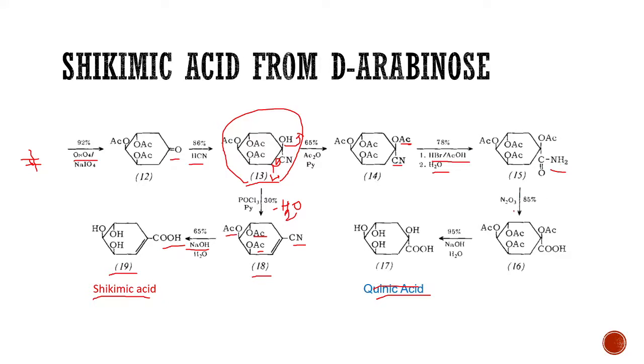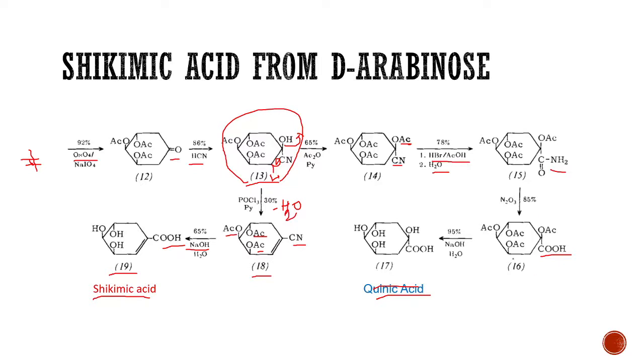On further treatment with N2O3, the amide group is converted to a COOH group. This is a simple hydrolysis of CN to COOH, but we need to protect the OAc protected groups. So we go for HBr in acetic acid to the amide, and then amide to acid.